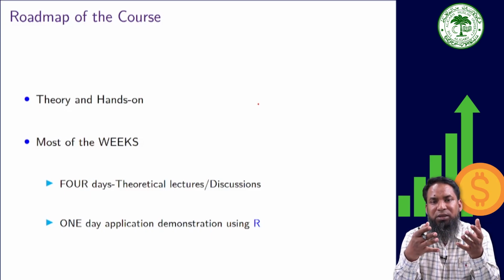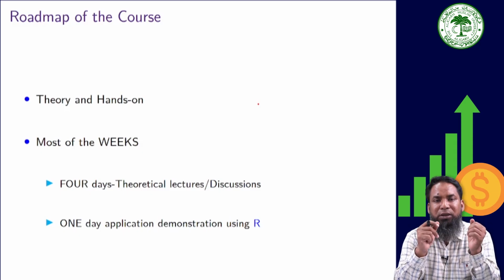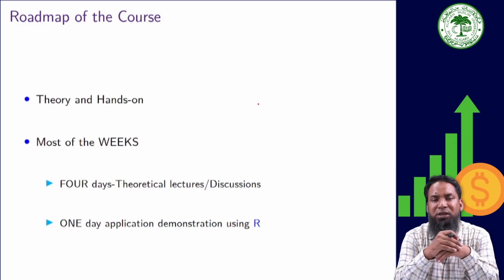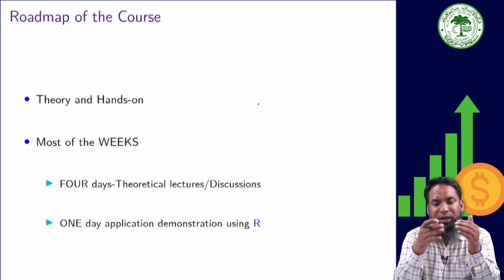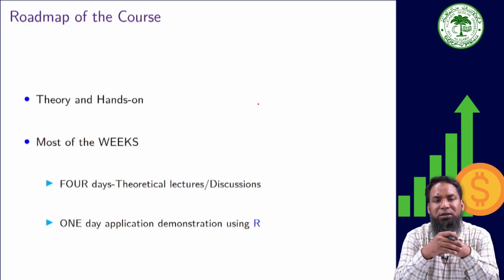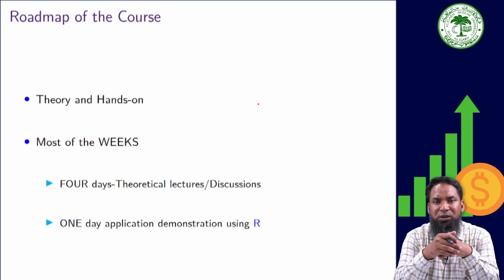To work efficiently, we need measurement and assessment. We have to understand the dynamics and behavior of the financial markets. Financial econometrics helps us to analyze, to understand, and to find the patterns and different characteristics of the financial system. So it's a very important course, whether you are looking at the macroeconomic aspect or at the international aspect of the economy. It plays a very important role in that system.